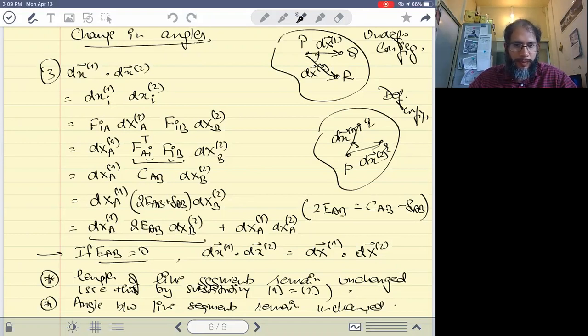Any guesses? So let me rephrase my question. What sort of a deformation is it if at all the points, line segments emanating out of it have the same length, and the angles between any two line segments from that point are the same? What sort of deformation are we talking about in this case? Right, so the answer is that it's a rigid body displacement.